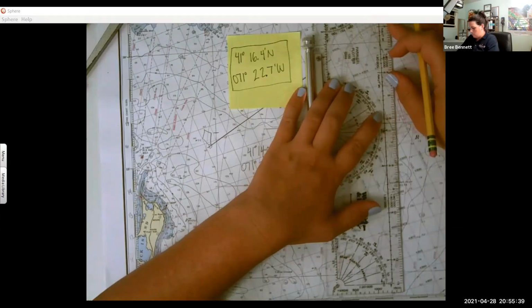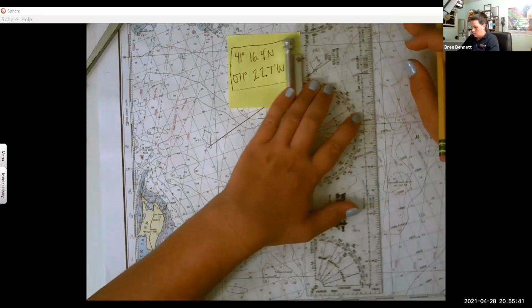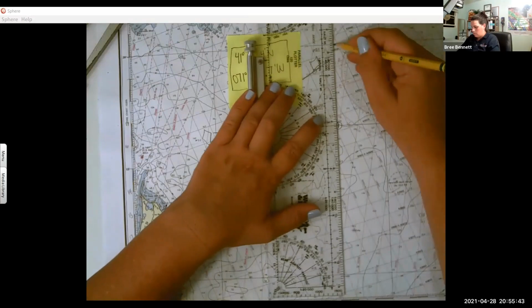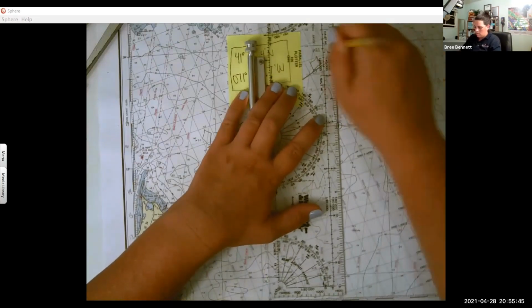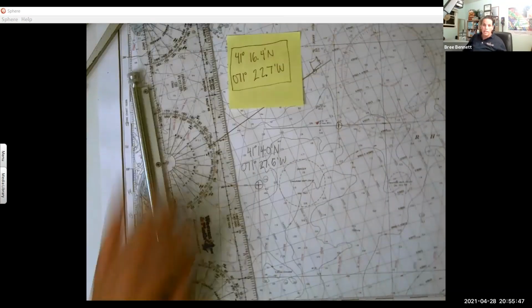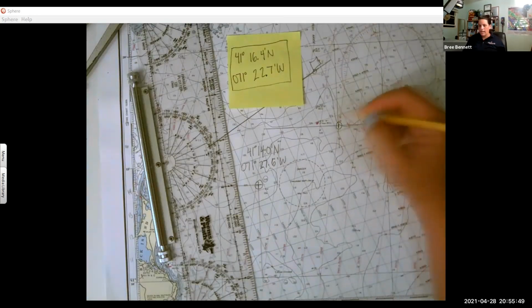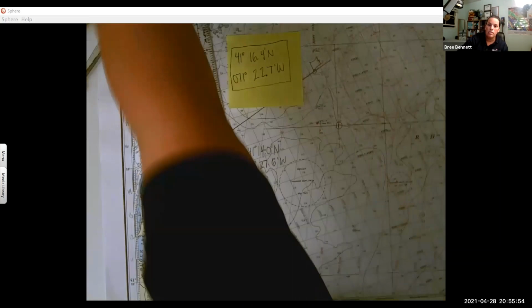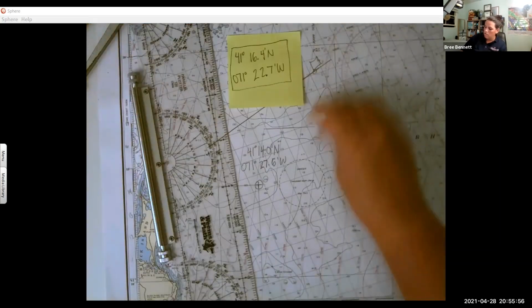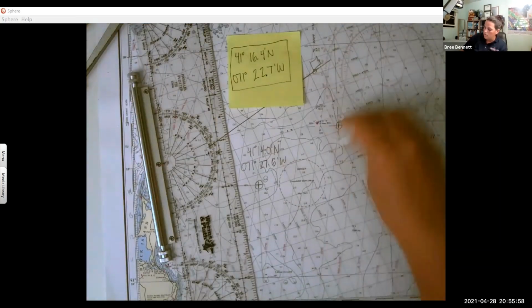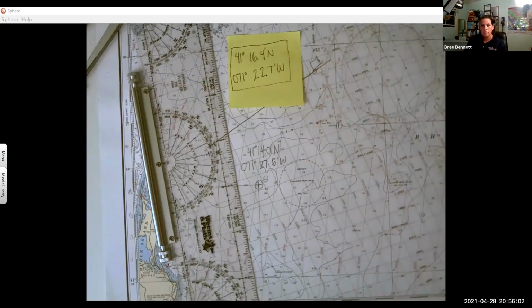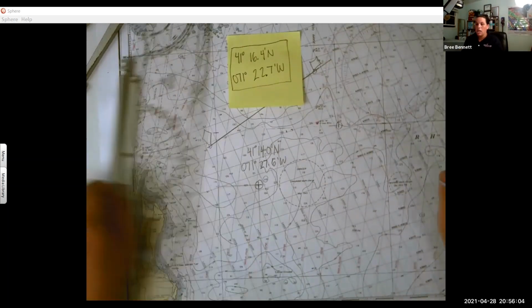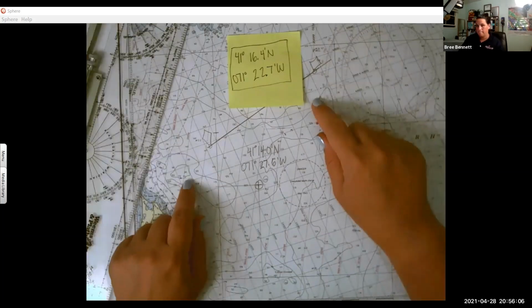No. And there is where those two lines cross. That is my position. And then you can erase your lines and just keep what you did right there. So that is plotting a position.